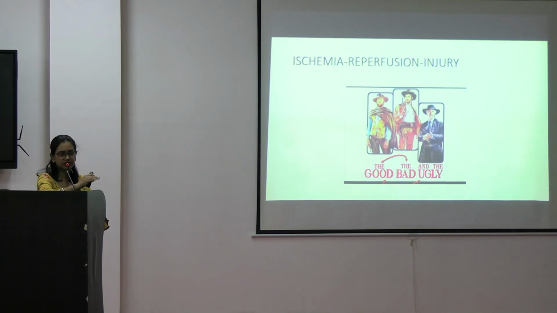Ugly is the worst kind of bad, right? So which is the lesser bad here? It's not a test, just what do you think? Yeah, you're correct. Bad is the ischemia. Reperfusion is the good, and obviously the ugly is the injury associated with it.